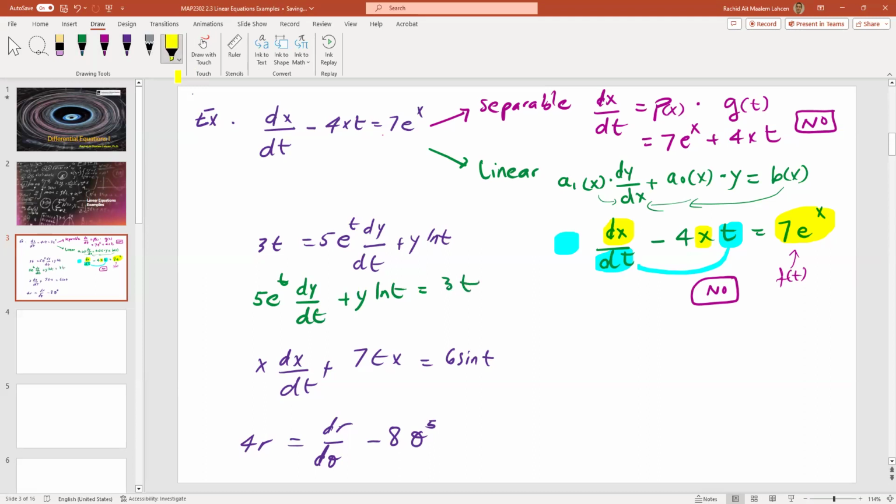All right, so I'll do the same thing. Here is dy, and I have y here, which is expected, it's okay. But now let's check the others. Here is dt. This function is dependent on t, which is good, and this one is dependent on t, which is good, and this is dependent on t, which is good. So linear.